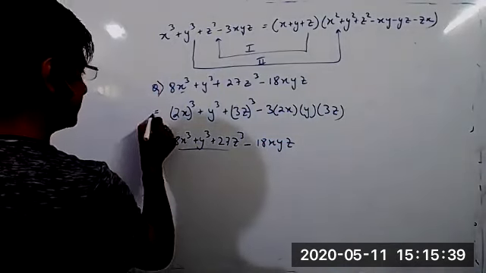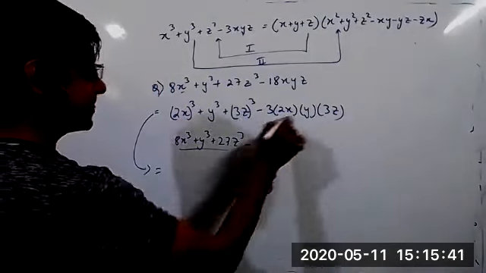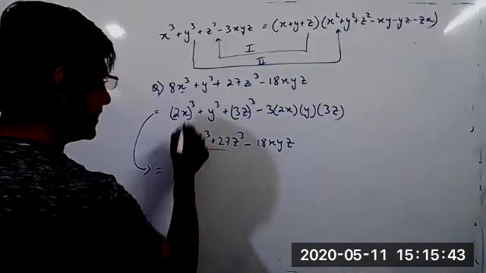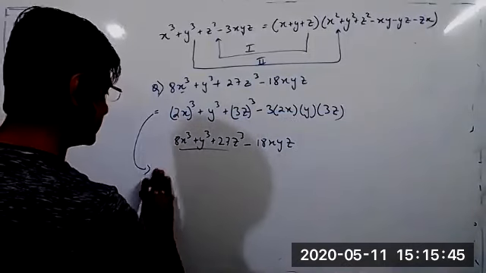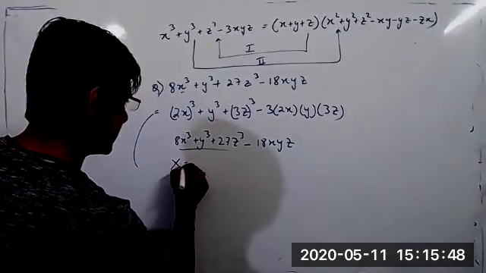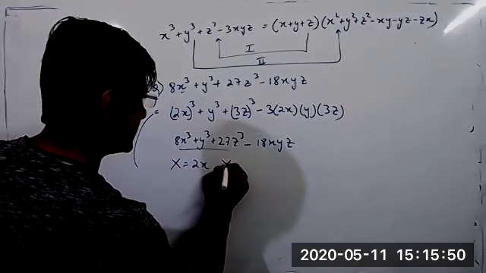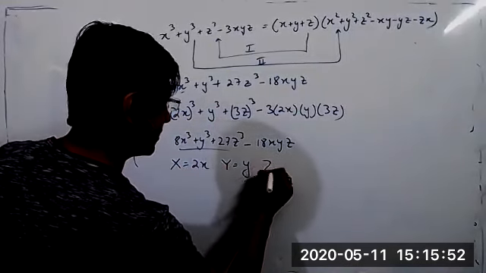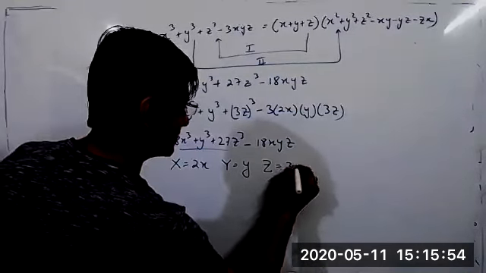So after this, we can straight away write this step as x plus y plus z. What is x here? What is y? 2x, y. What is z? 3z.